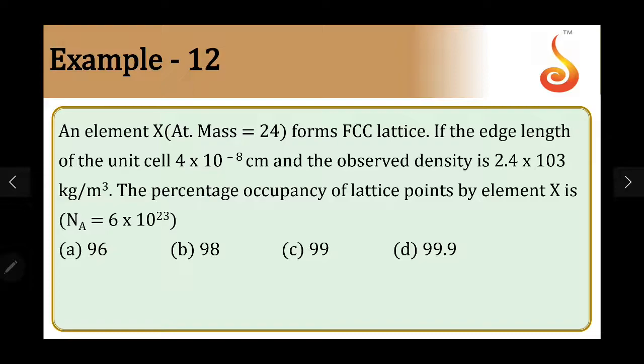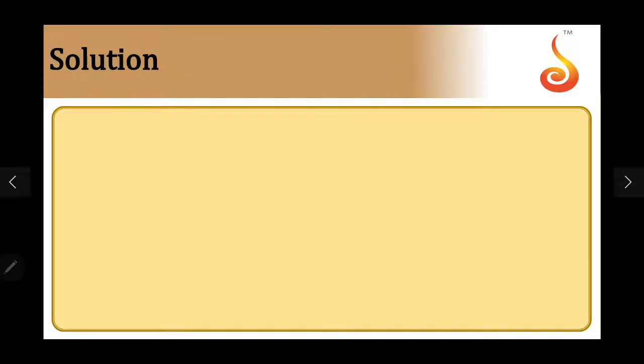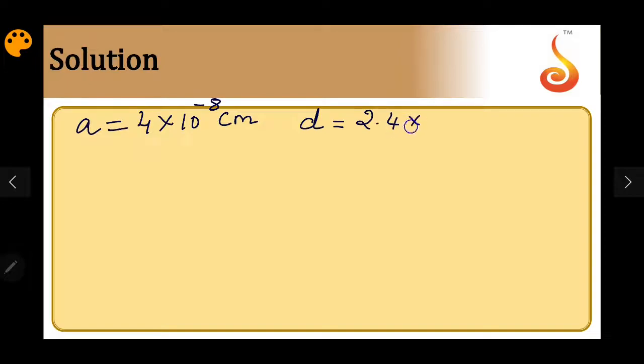We'll go to the solution part. So a is given as 4 into 10 power minus 8 centimeter, and observed density is given as 2.4 into 10 power 3 kg per meter cube, which is same as 2.4 gram per cc.